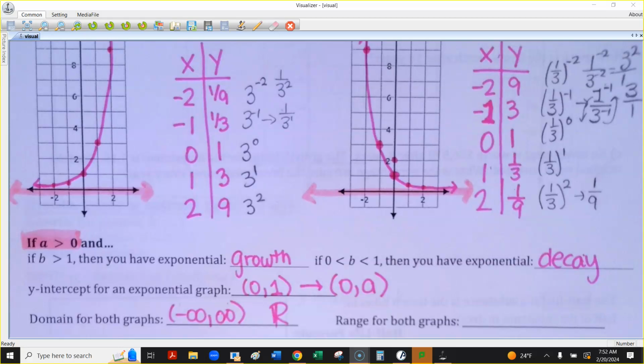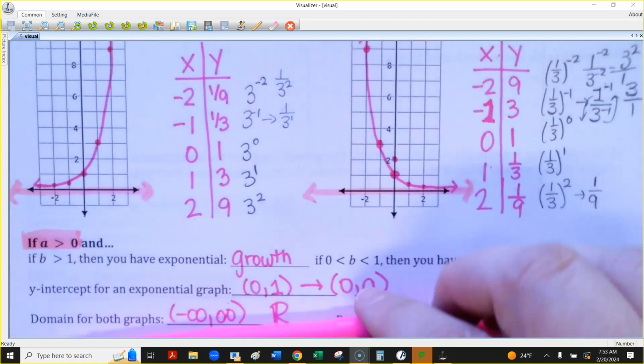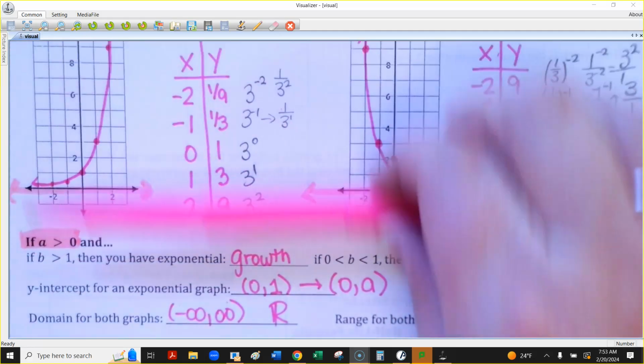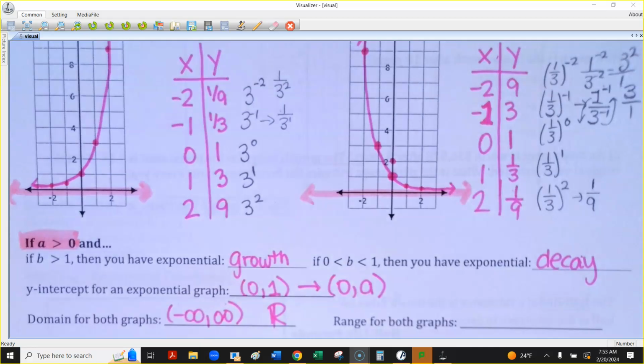Now, the range for both of these graphs is the same also. They are graphed a little bit differently, obviously, but they have the same range. What would you tell me the range is for both of these graphs? If I go, either one of these, from the bottom to the top to describe an interval, what y values are we touching for both of those graphs?